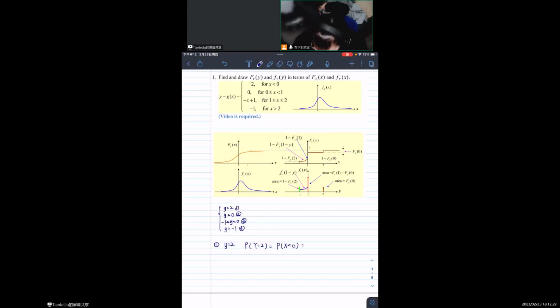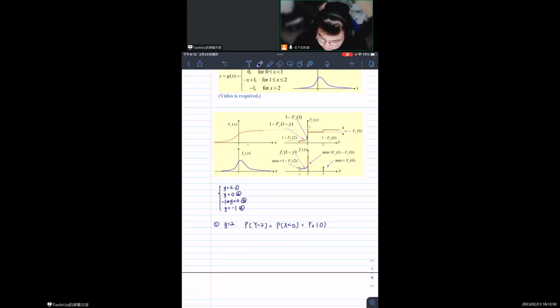By the definition, the probability function of x less than something equals the density function of x, so we get F_X(0) for this one.